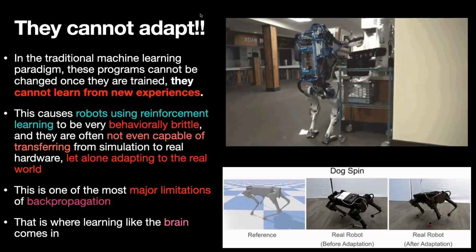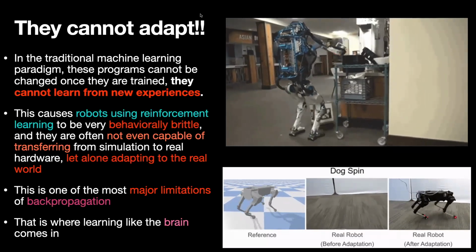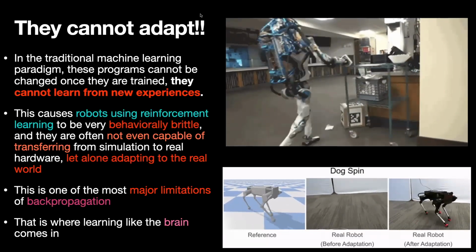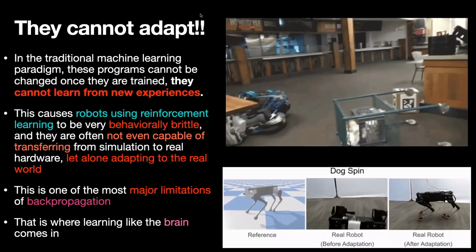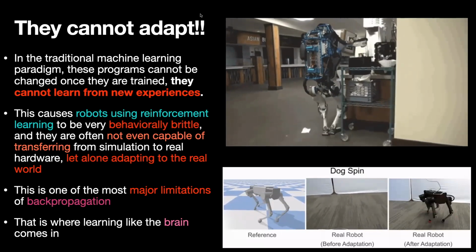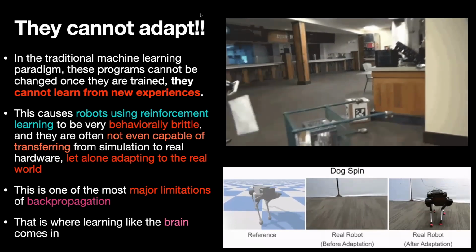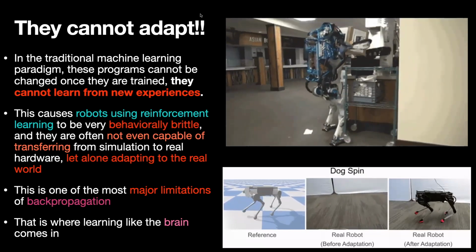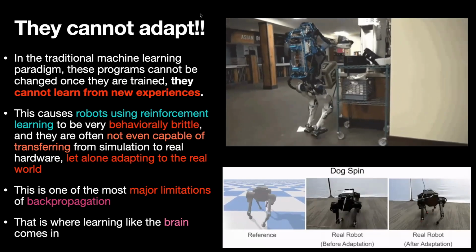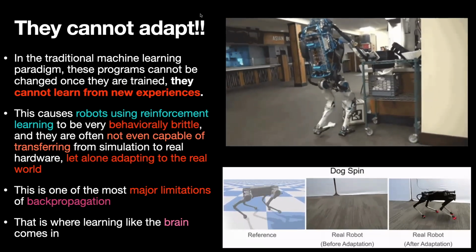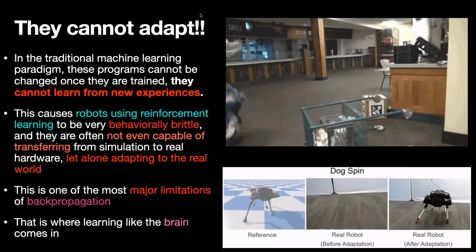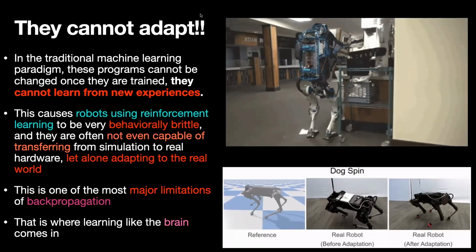Okay. So these robots can't adapt. In the traditional machine learning paradigm, once these programs are trained and deployed on a physical robot, they can't learn from new experience anymore. And you might be thinking, why can't we just do backprop on the actual robot?